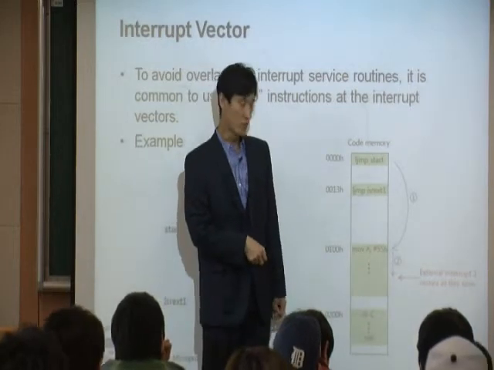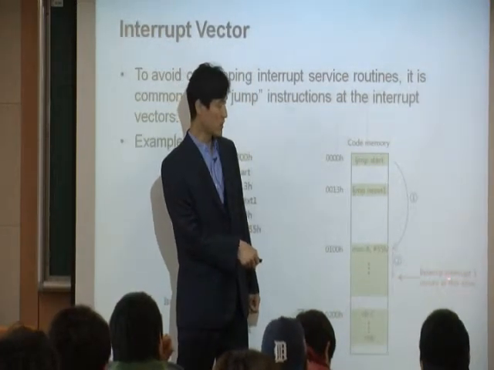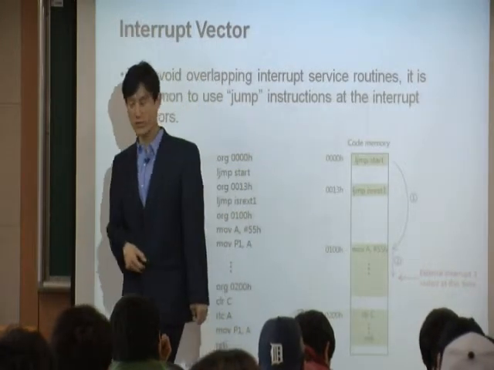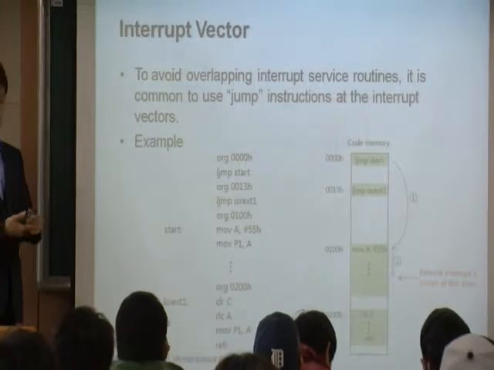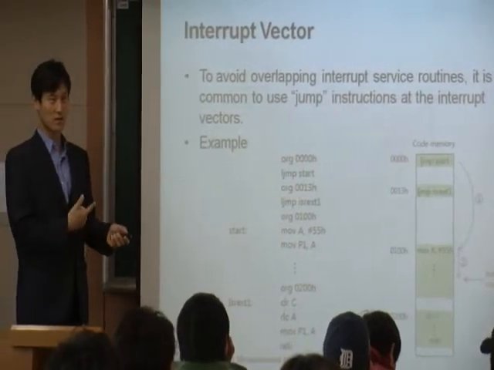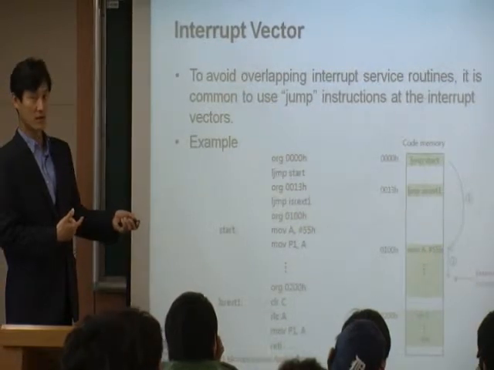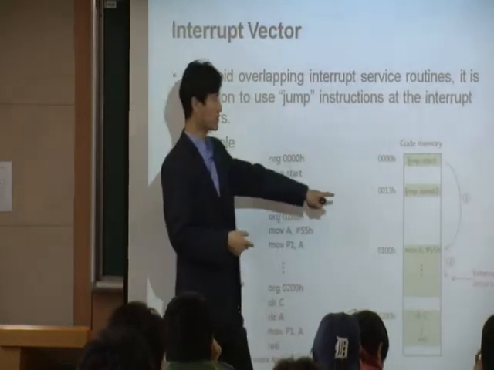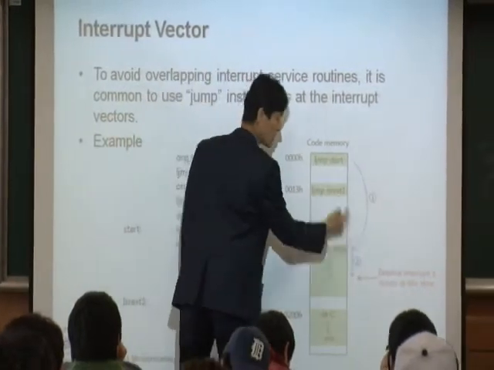In that case, what do you need to do? Since you have an interrupt source coming in, you need to jump to the interrupt service routine. So where is it? In this case, it's here. As I said earlier, this is called the interrupt service vector. So you need to jump here first.